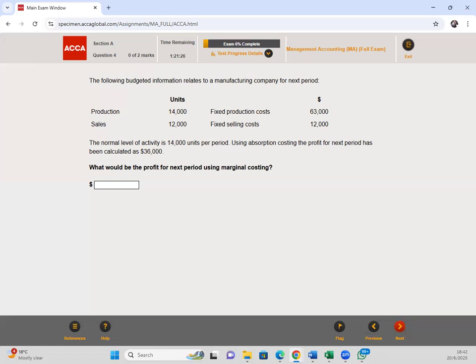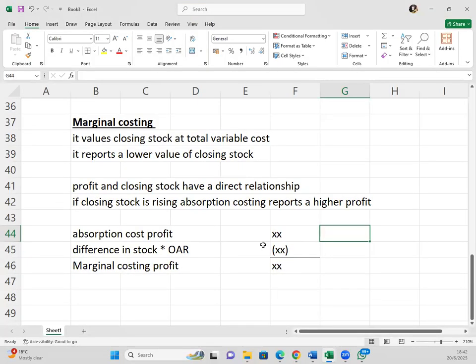So if inventory is rising and we have the absorption costing profit, we subtract to get to marginal, because if inventory is rising, absorption costing has a higher profit. But if inventory is falling, marginal costing will have a higher profit.